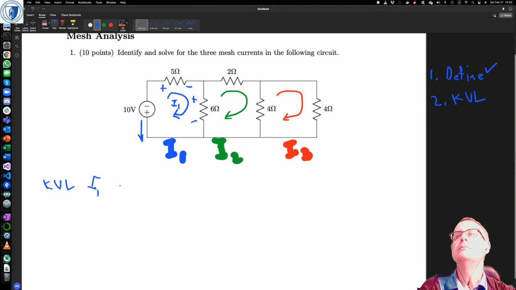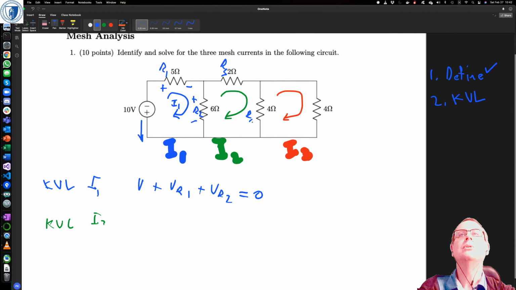For the KVL for I1, first we'll write out the equation: voltage source plus VR1 plus VR2 equals 0 for the initial loop on the left. Right, so this is R1 and this is R2, right? Yes, R1, R2, R3, R4 and R5, just left to right for simplicity's sake.